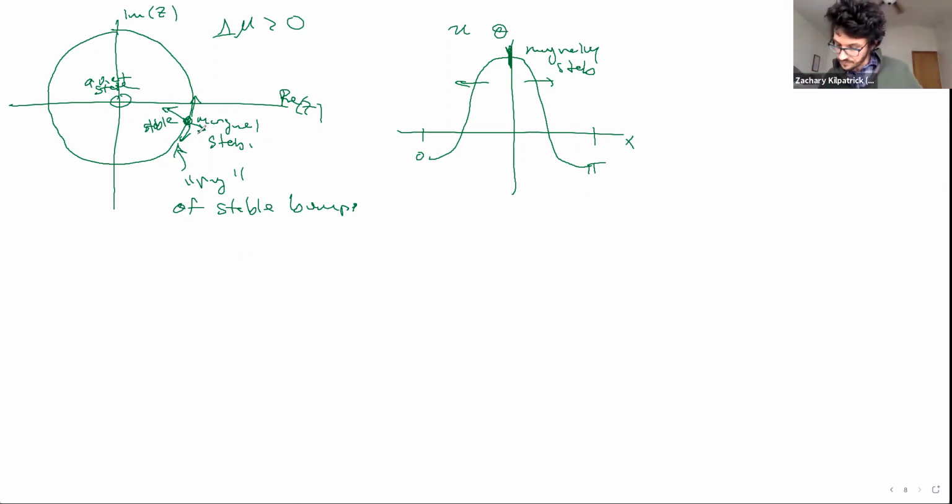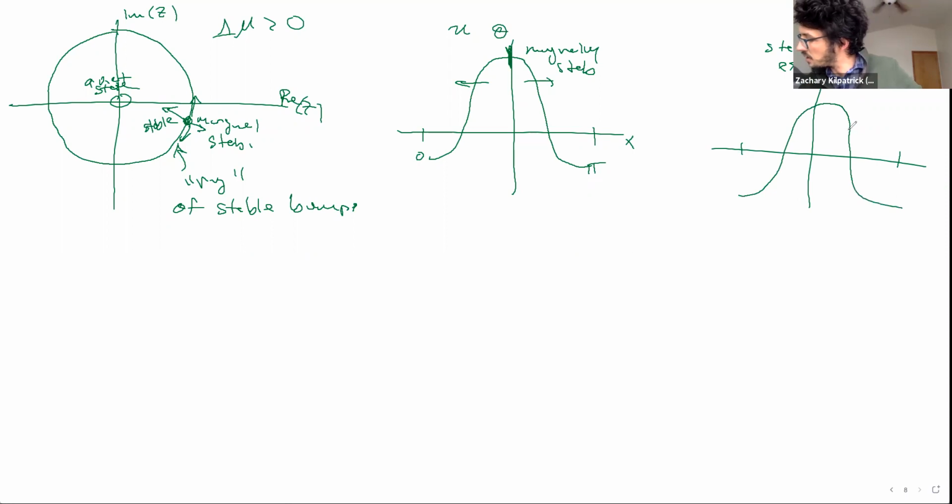Of the amplitude, okay? But it's going to be stable to expansions and contractions, which means that if you take this bump now and you expand it or contract it, right, it'll relax back over time, okay?